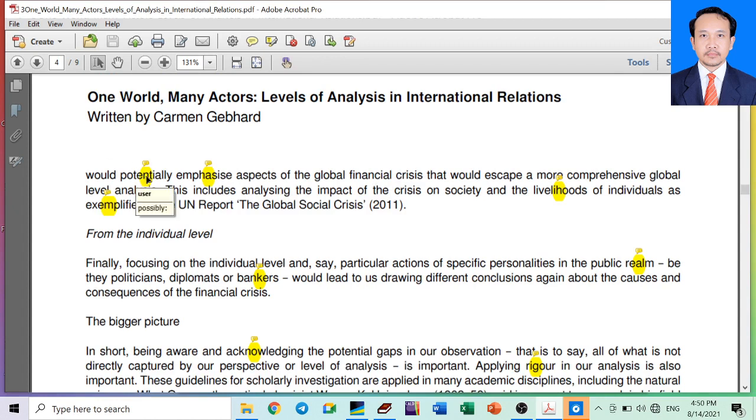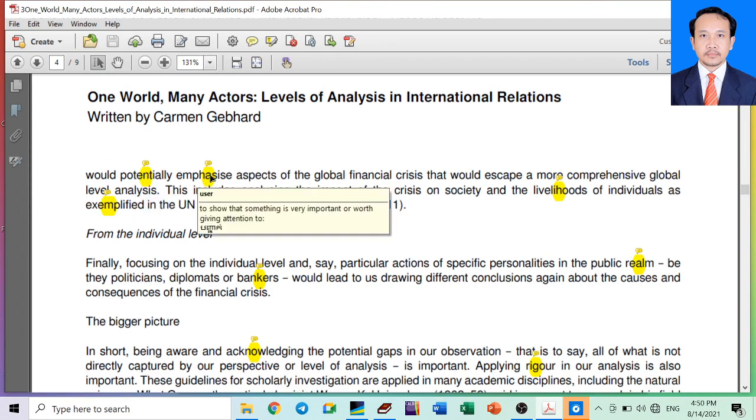Potentially means possibly, and emphasize means to show that something is very important or worth giving attention to. These aspects of the crisis would escape a more comprehensive global level analysis. This includes analyzing the impact of the crisis on society and livelihood.